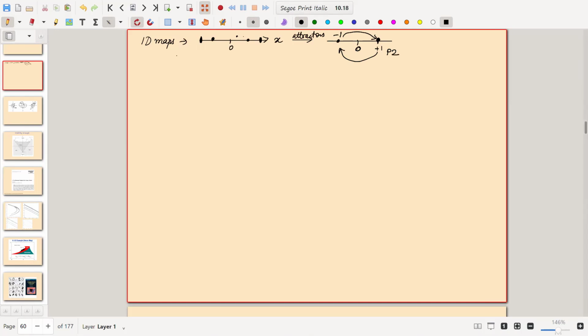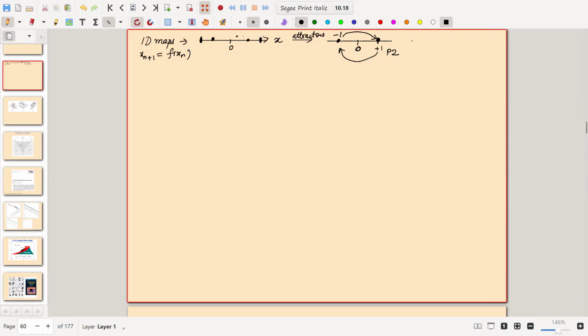Why? Because x n plus 1 is f of x n. You are at 1; when you iterate the map, it is minus 1, and iterating again, it is plus 1 again. They are oscillating between minus 1 and 1. Therefore, it is a period 2 attractor.